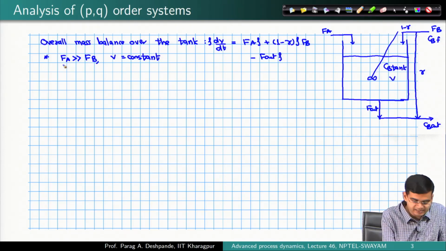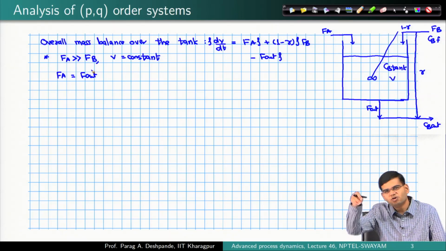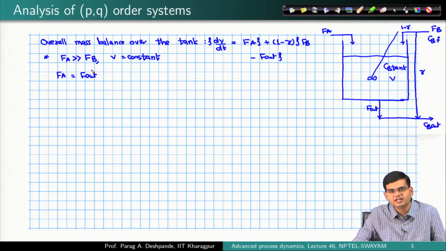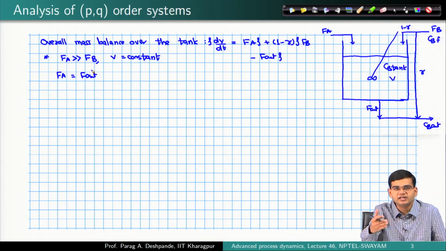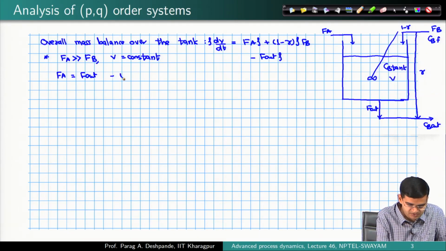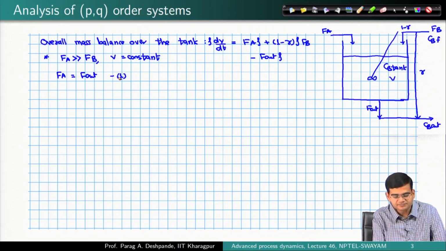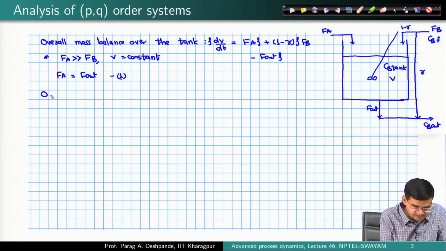I can write that F A is equal to F out. Okay. So, very small amount of B is entering as the inlet flow rate of B. So, therefore, essentially the outlet from the tank is equal to the inlet of A. This is what this equation means. So, equation 1.